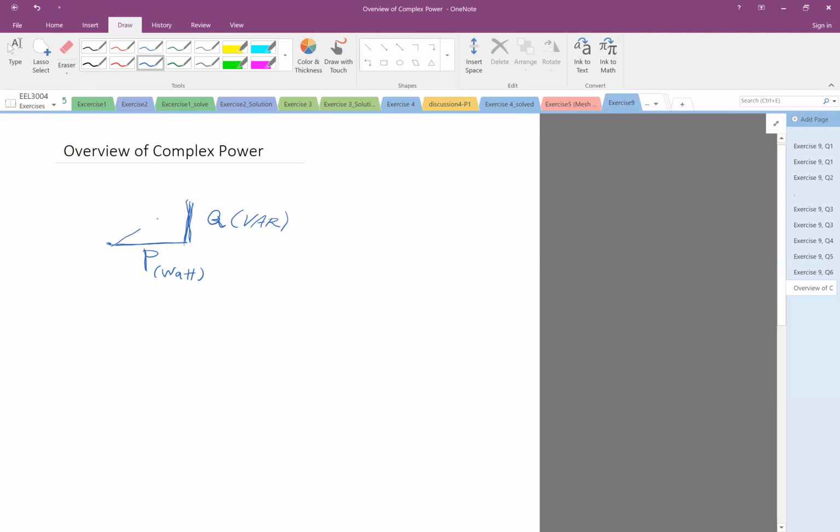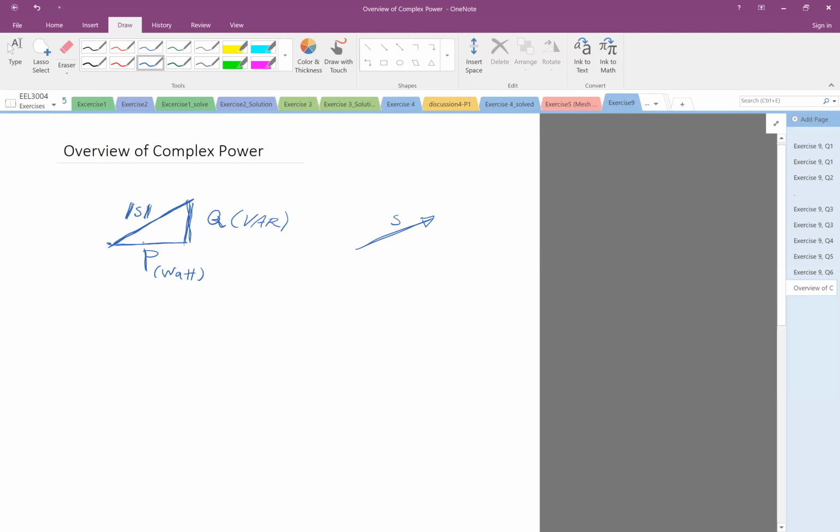And then the other side is the magnitude of S. S is a complex power. It's a vector, S, but here I'm talking about its magnitude, its length.